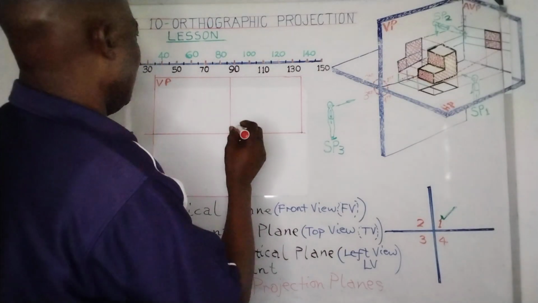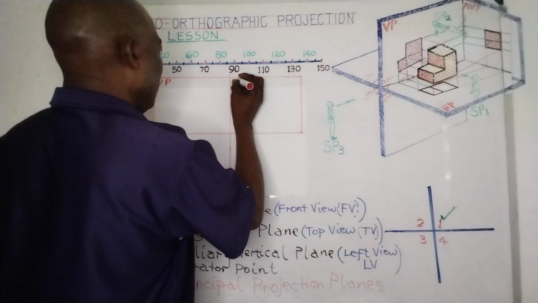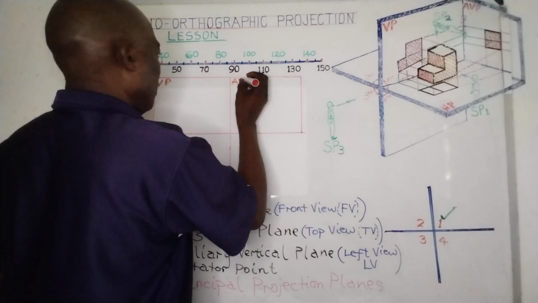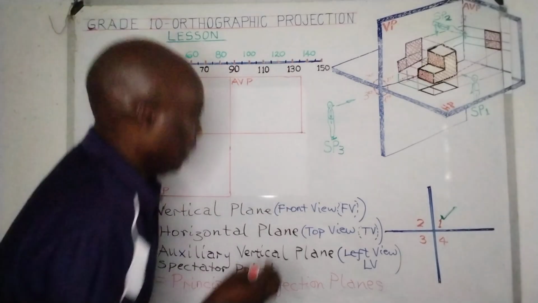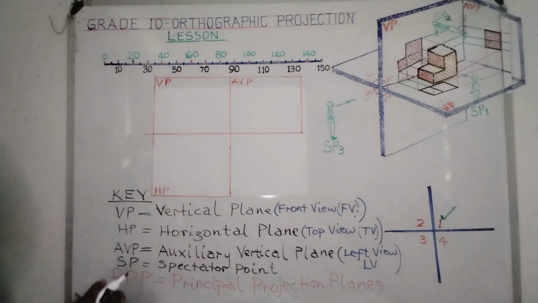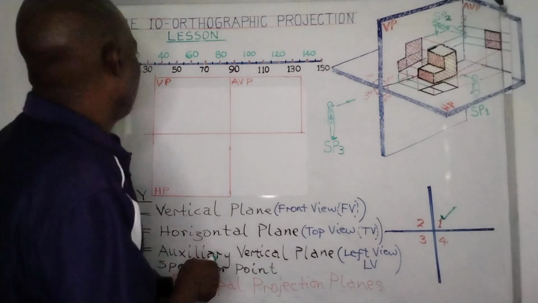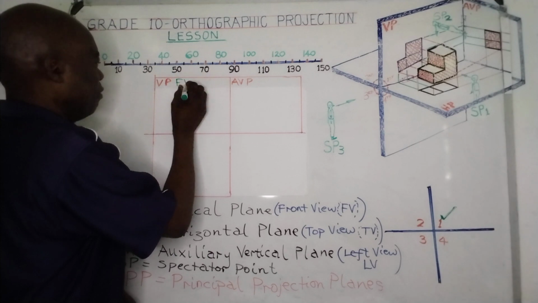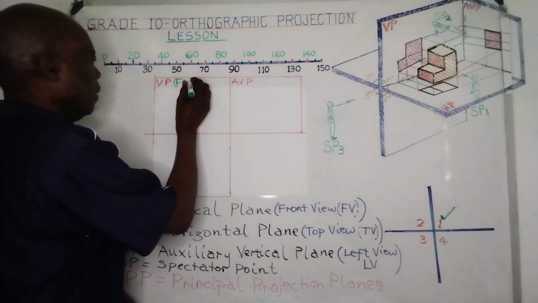It is known as an XY line. So I'm going to label it using, say, blue. That is the XY line.